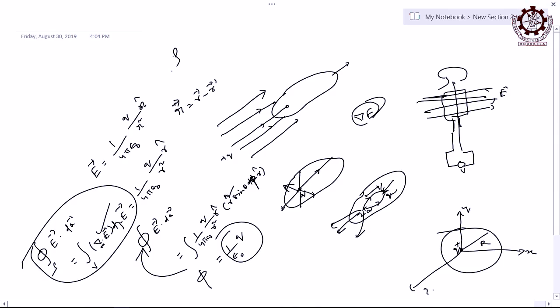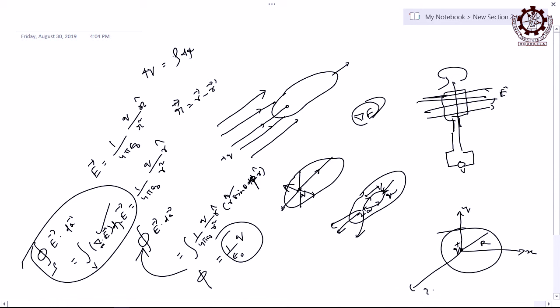First tell me, can you do it for a discontinuous charge distribution? It is difficult for integration, but for a continuous one it is easy. Now tell me how you can write the quantity of charge spread continuously within a closed surface in terms of rho, the volume charge density. How can you write dq? It is rho d tau.